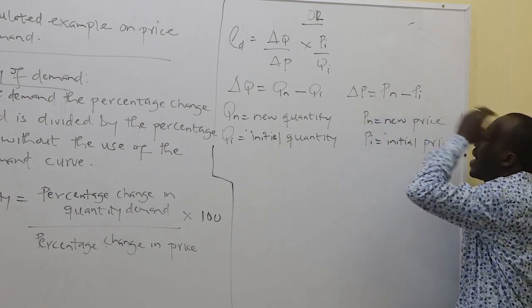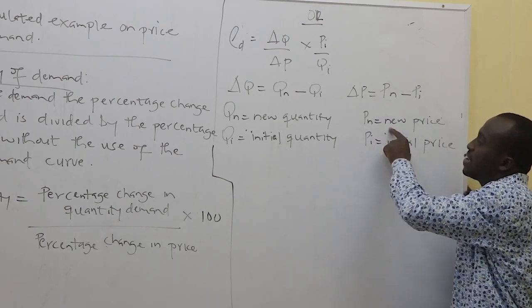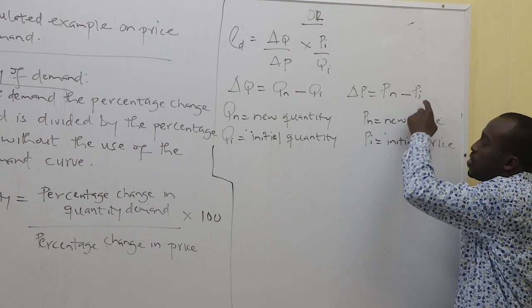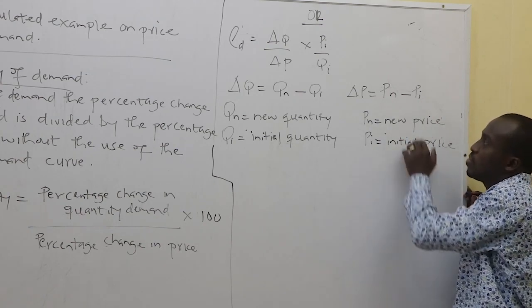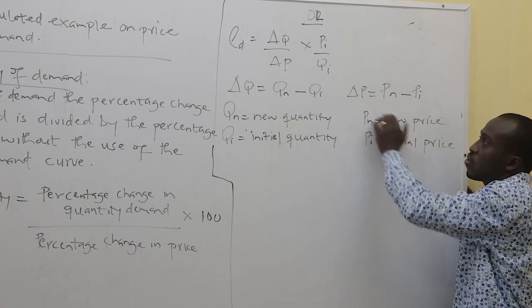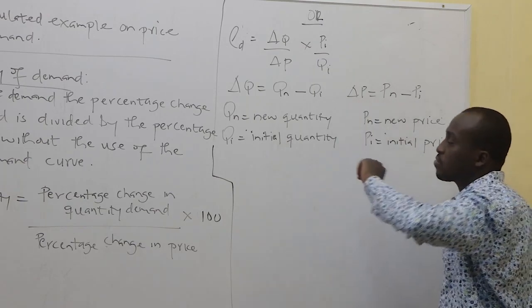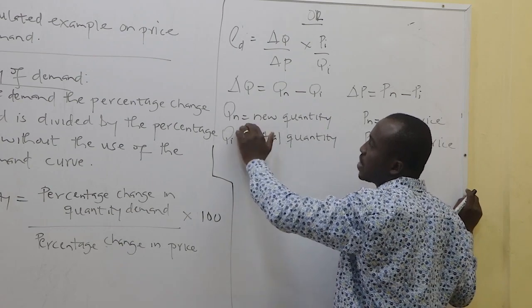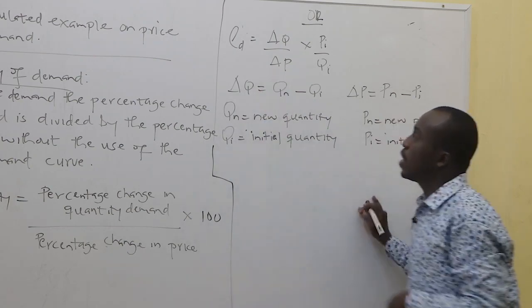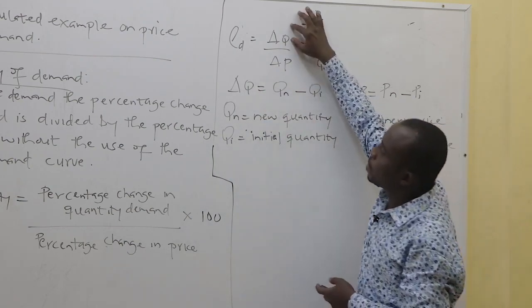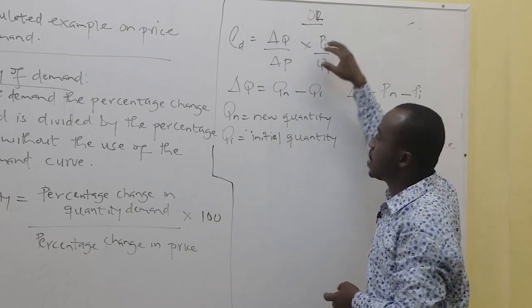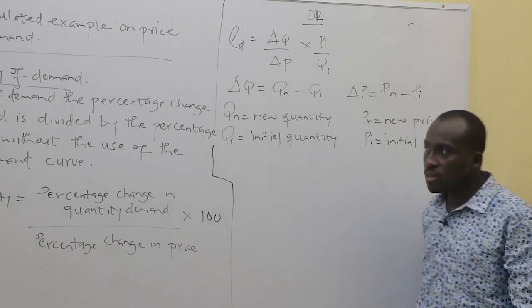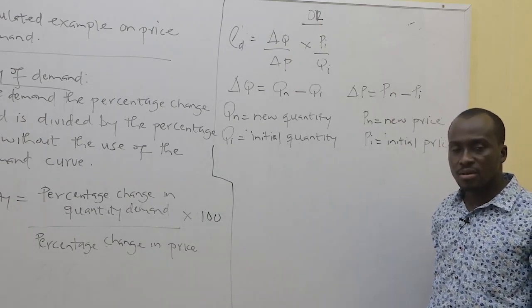PN is the new price. PI is the initial price, right? So if you subtract the initial price from the new price, you get the change in price. If you subtract the initial quantity from the new quantity, you get the change in quantity. Then the change in quantity over the change in price, times the initial price over the initial quantity demanded, gives you your point elasticity of demand, right?